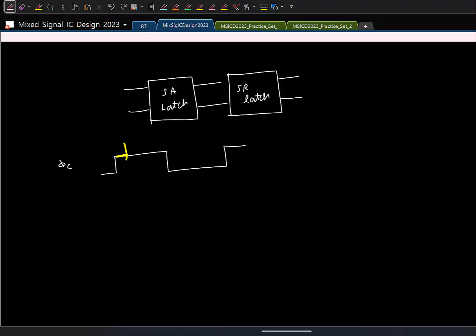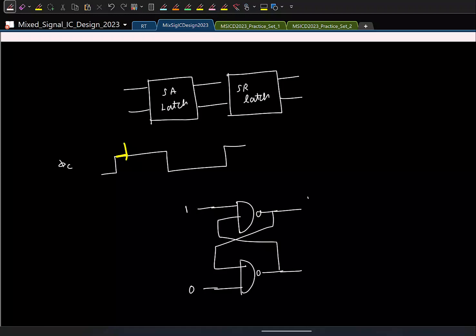So the common thing is to, let's say, have a NAND based or NOR based one. You know that this also has a cross coupling. This is a simple SR latch. So let us say here we are connecting the StrongARM latch output. Once the regeneration is done, let us say one of them is at VDD, I'll just say it's logic 1, and the other is at 0. So what will be the output? Let us say Q and Q bar, which is the convention. What will happen to Q and Q bar? It's a NAND gate, so if the input is 0, what is the output?